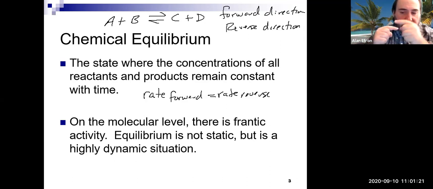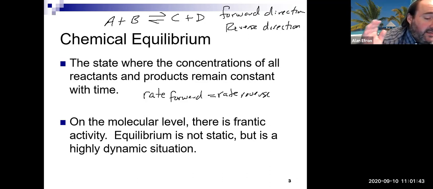If something is going back and forth at the same rate, when it reaches equilibrium, it doesn't mean that they have the exact same amount on each side. It just means that whatever everybody's concentration is at that point, they're going to be locked in there.